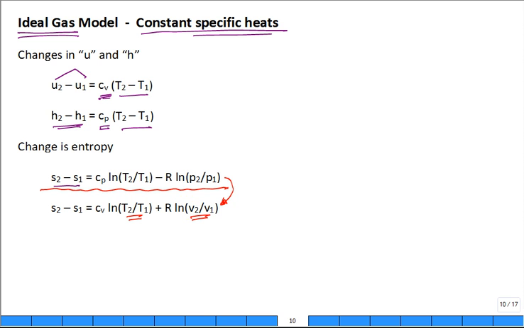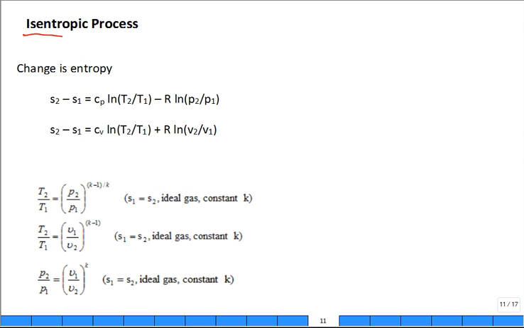Well, in a minute, we're going to deal with the ideal gas, constant specific heats, undergoing an isentropic process. What does isentropic mean? That means that change in S is 0, true? So we can take this equation and rewrite it. We can write C sub P natural log of T2 over T1 equal to R natural log of P2 over P1, true?